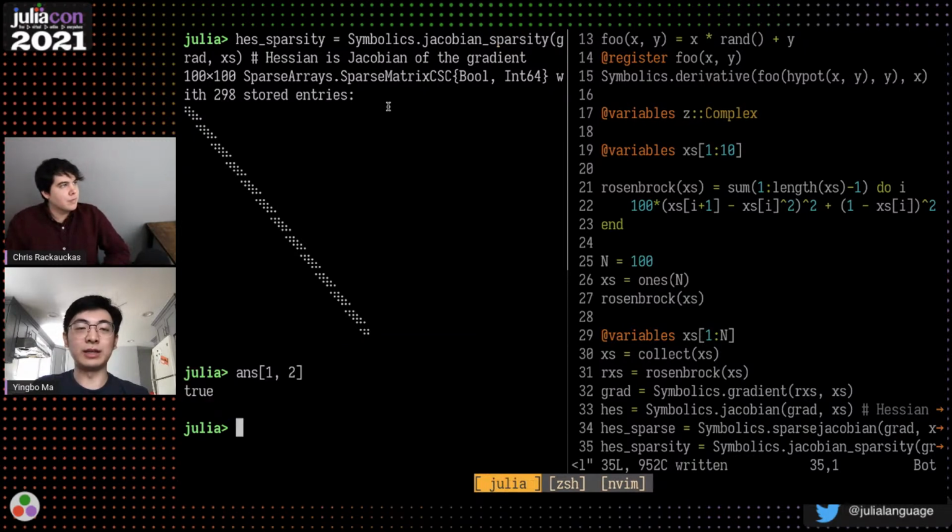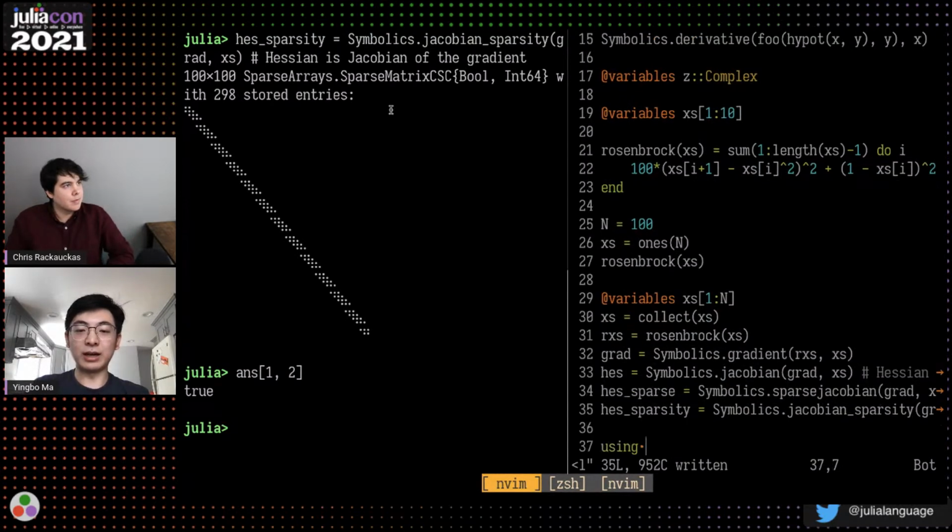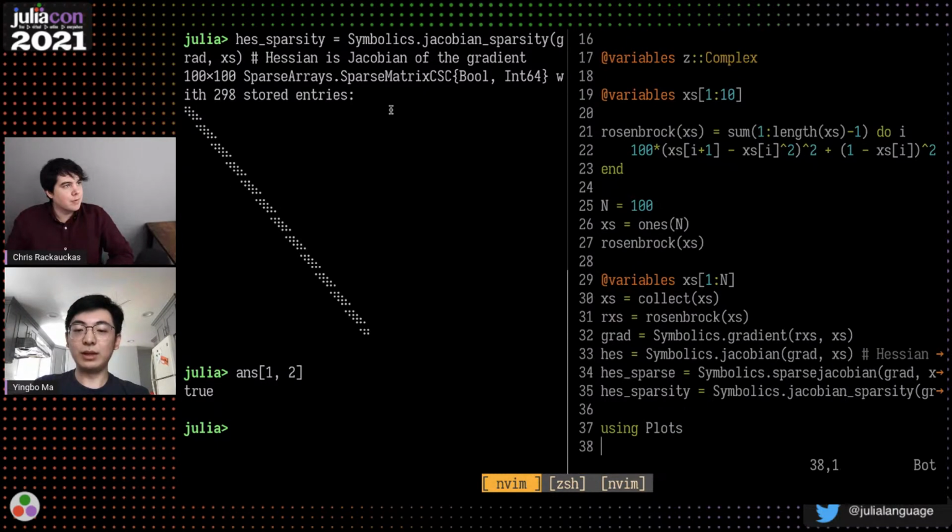A true entry means it's a non-zero entry in the Hessian. So just for fun, we can plot the sparsity pattern of the Hessian matrix.